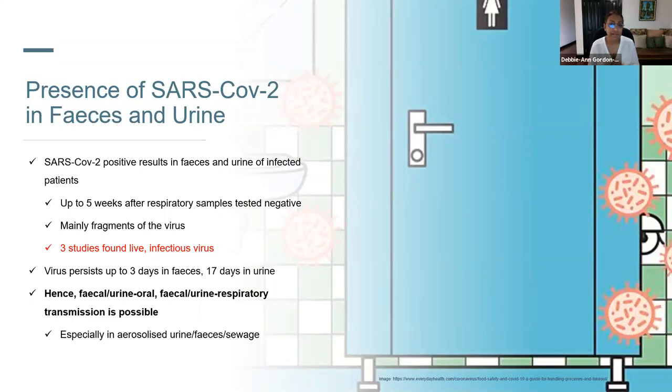Here are some issues, though. The mere fact that persons have been able to detect the virus in feces and urine, and some live virus has been found, means then that fecal-oral, as well as urine-oral, and fecal-respiratory, as well as urine-respiratory transmission is possible.